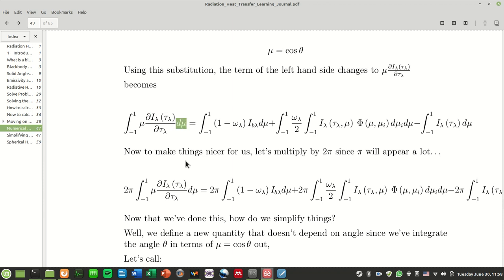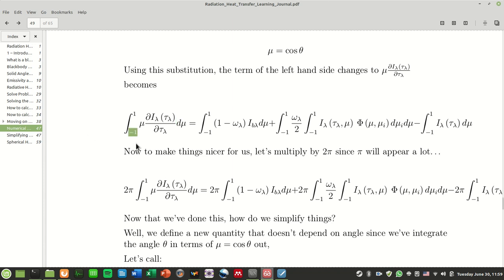That will cover the entire polar angle. It should be from 180 degrees, which is pi, to 0. So it is 0 to pi, but you switch things around here. So it's mu from -1 to 1.